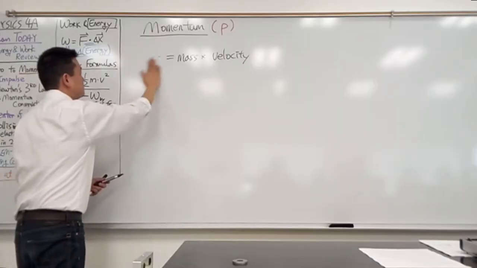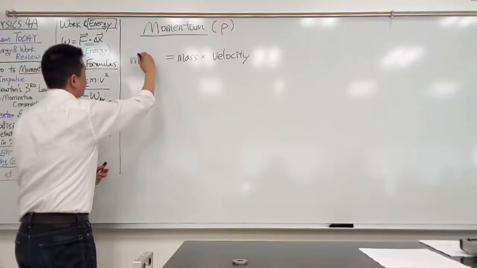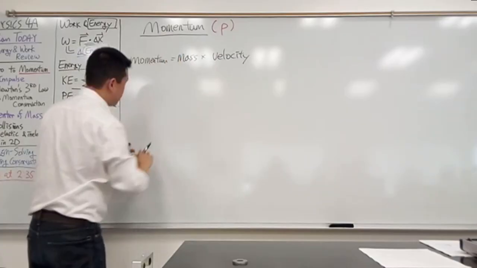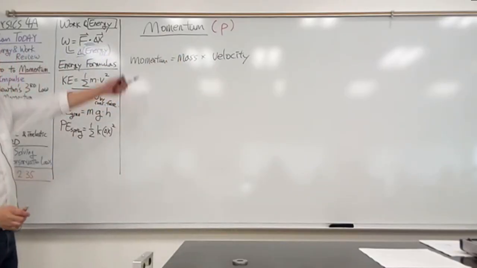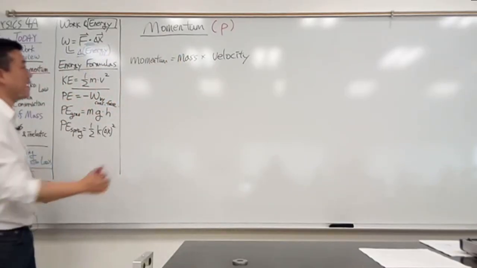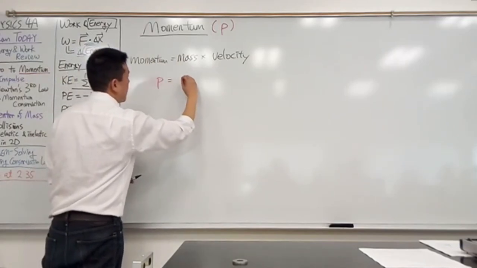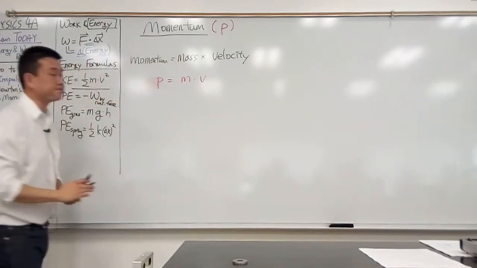In symbols, it'll be momentum p is equal to mass times velocity.